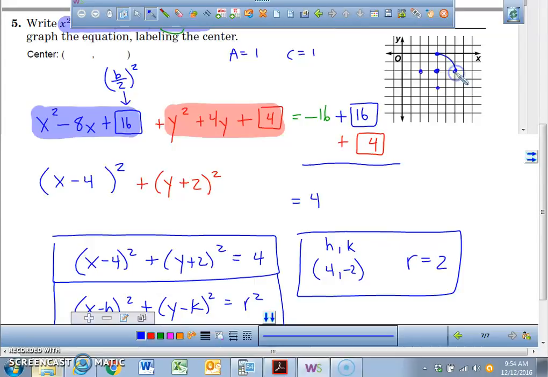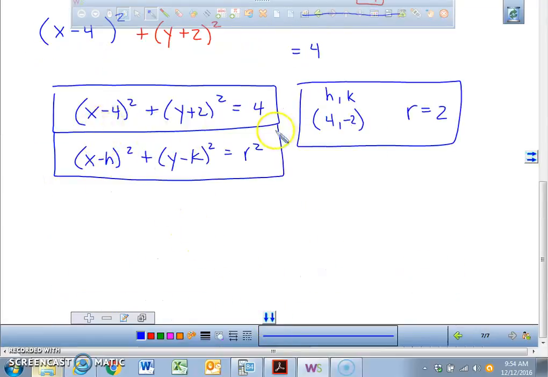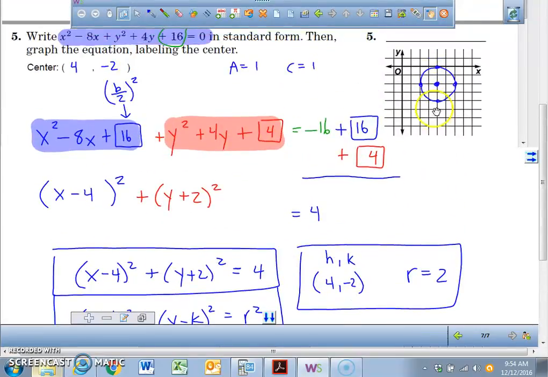It doesn't have to be perfect. You don't have to use a compass, but at least it has to be semi-accurate. Okay? Using the points that you plotted around the center. So your center right here, there'll be an open space for you guys to plug in your values for x and y. So right here, there's the center. There's your equation. There's your graph. And that's the answer to number 5.